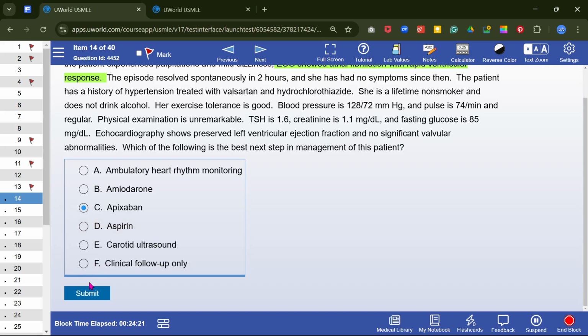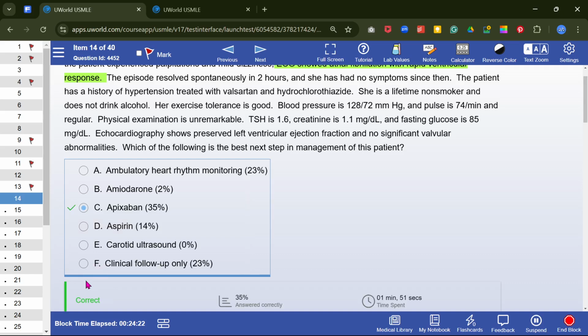Why are you not doing the CHA2DS2-VASc? I have told you, I was just checking what you are doing. I told you that he has hypertension.